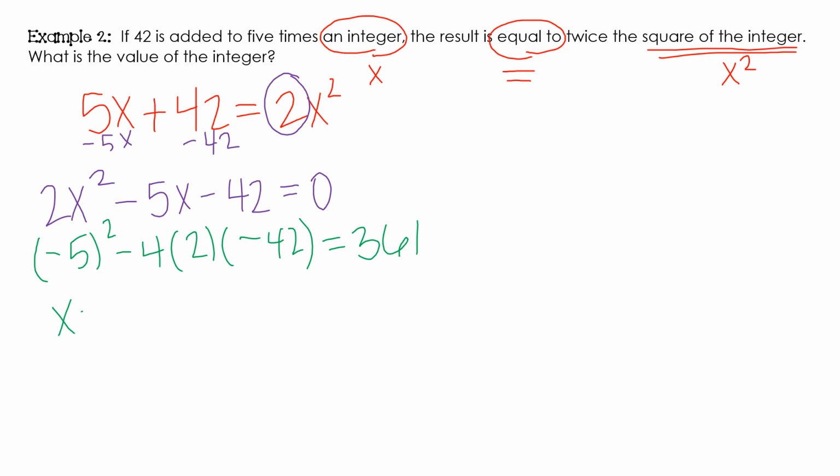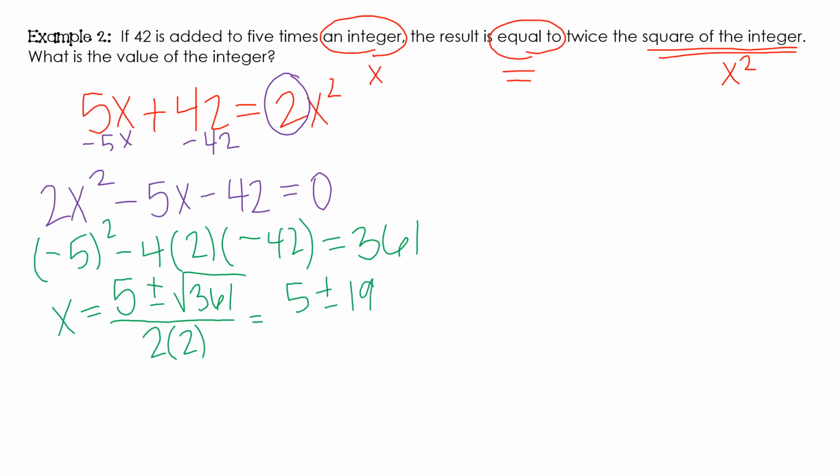So now for the quadratic formula, it's opposite b plus minus the square root of 361, all divided by 2 times 2, which is 4. So we get 5 plus or minus 19. The square root of 361 is 19, all divided by 4. So then we're going to have 2 different answers, 5 plus 19 divided by 4 and 5 minus 19 divided by 4.